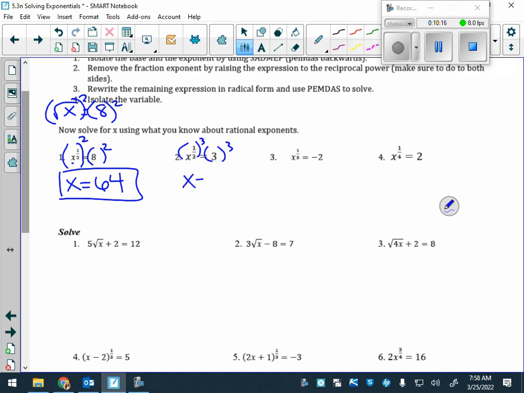So we have x equals 27. Number 3, what do we do to both sides? Yep. Excellent. Raise it to the 5th. So what does x equal? Yeah. -32.